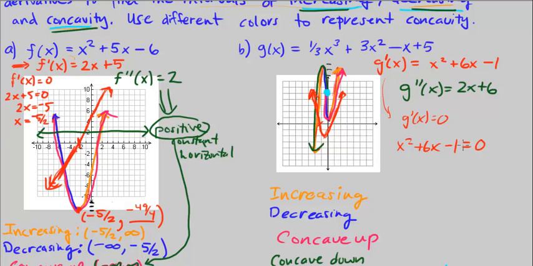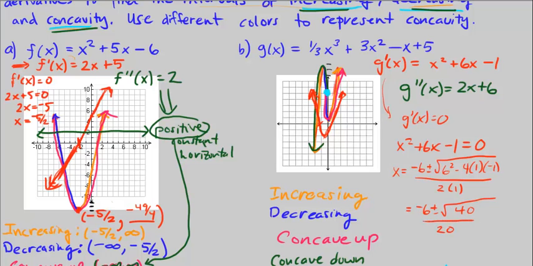We can solve for these. We can use the quadratic formula. x is equal to negative b, so negative 6, plus or minus the square root of b squared, 6 squared, minus 4ac, 1 times negative 1, all over 2a, 2 times 1. That's just negative 6 plus or minus the square root of 36 plus 4, 40, over 2.